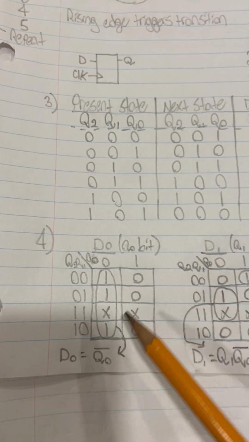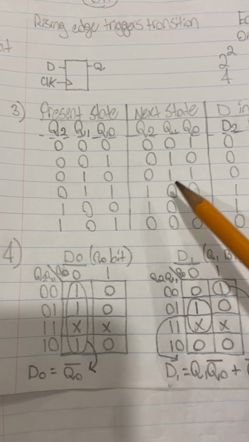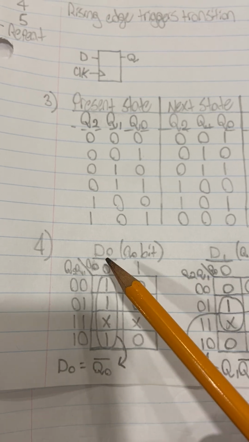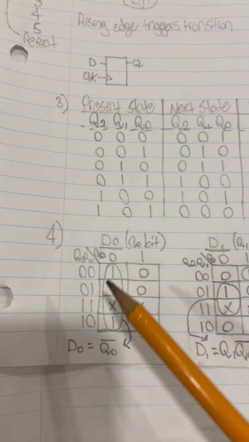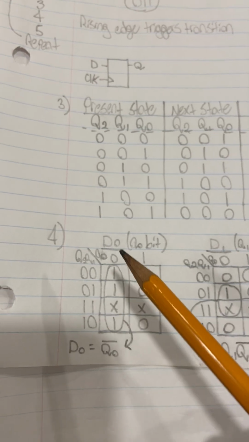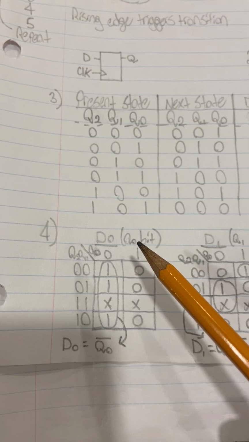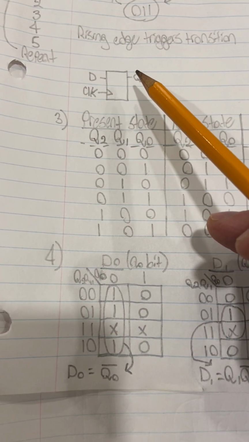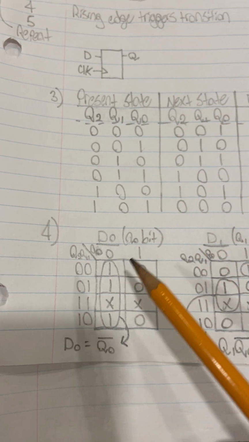The stuff we have inside here correlates to where we want to go. So if we have 0, 0, 0, and this is for one individual flip-flop, for the D0 input on one flip-flop, which correlates to if this was D0, this would be the output Q0 for that flip-flop. So we're just focusing on one bit at a time.